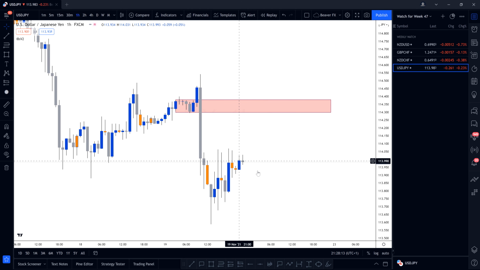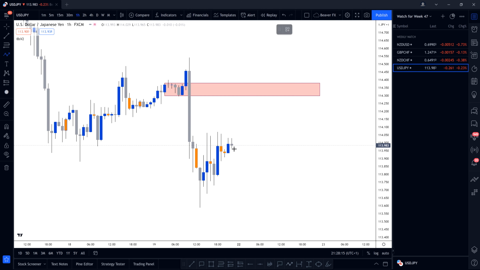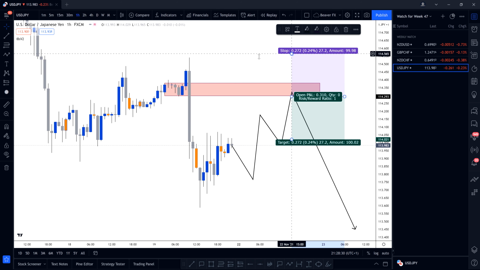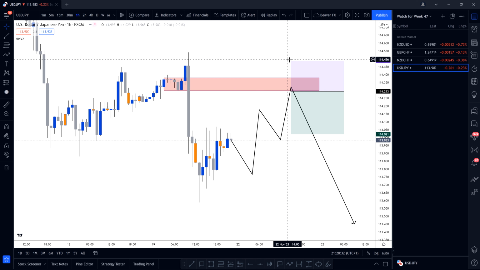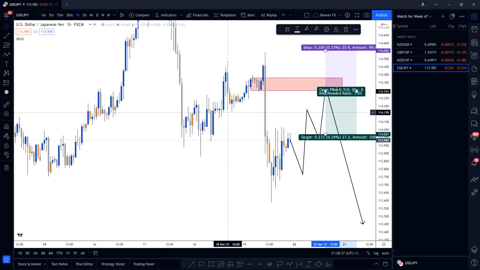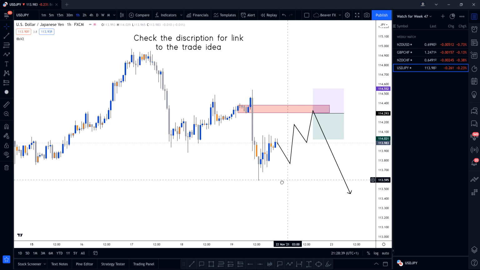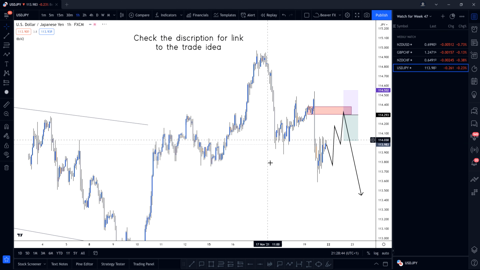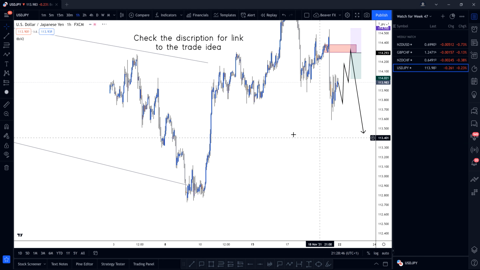So if this move keeps consolidating somehow to this point, I'll probably be able to take a sell trade around here, and have a minimal risk above this previous high, which will give me about 25 to 30 pips. Now that depends on the structure being formed, because you just have to be aware of how it's forming to really take full advantage of it.